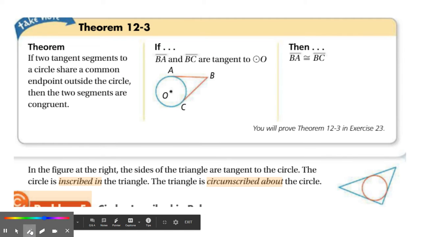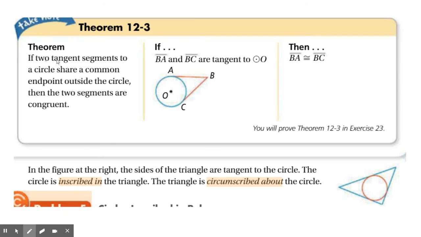The second idea here talks about two tangents. If you have two tangent segments to a circle having a common endpoint outside the circle, then those two segments are congruent. So these two tangents with a common endpoint are going to be congruent. In this picture, you have segments BA and BC.